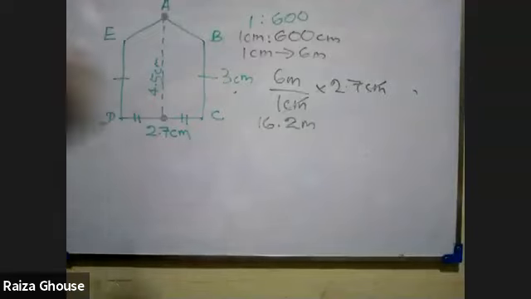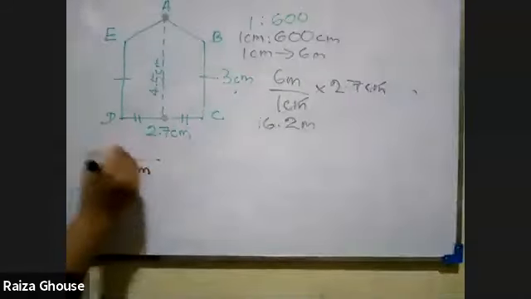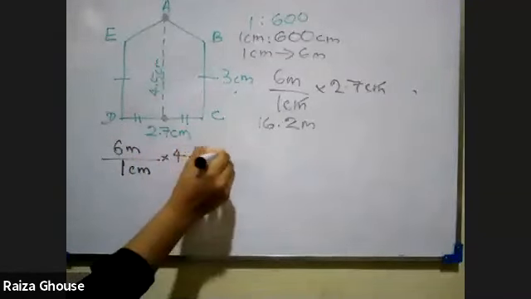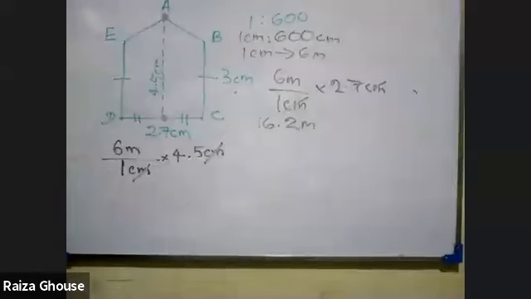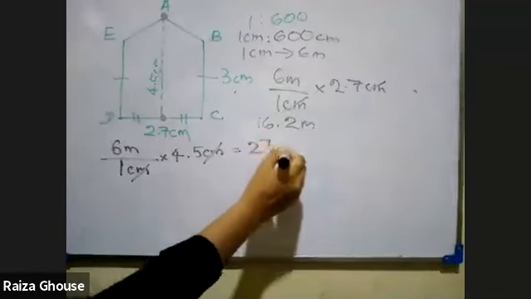How do we do that? Same method. If 1 centimeter is showing 6 meter, what is 4.5 centimeter? Cancel centimeter, multiply 6 times 4.5. You will get a whole number, 27 meter. That is the actual length.